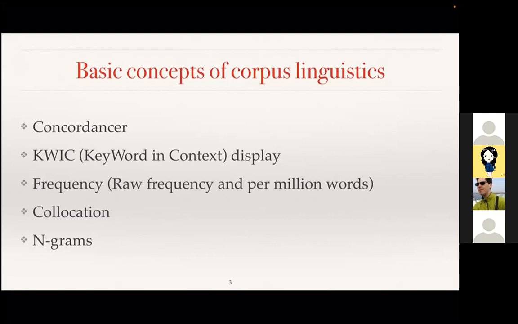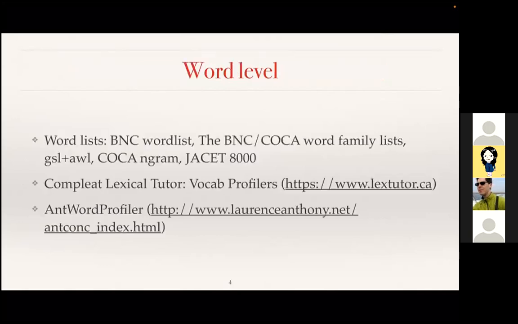All these are very basic concepts of corpus linguistics, but we won't go over them one by one today because we want to focus on something else that is more useful to English teachers. And one concept that many English teachers may find useful, and may use already, is word level.